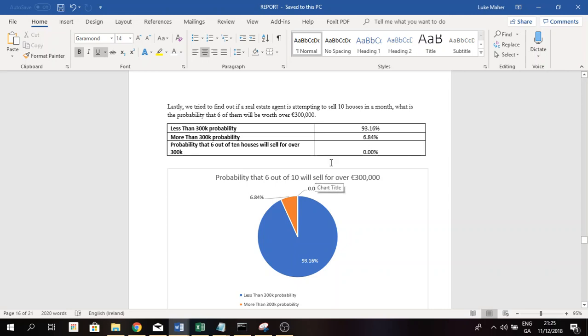We got the normal distribution function to find less than, then from that we calculated how many would be more than 300,000, and then we used the binomial dist function in Excel to find the probability that 6 out of 10 of the houses would sell for over 300 grand, and you see that it's 0% chance of it ever happening.